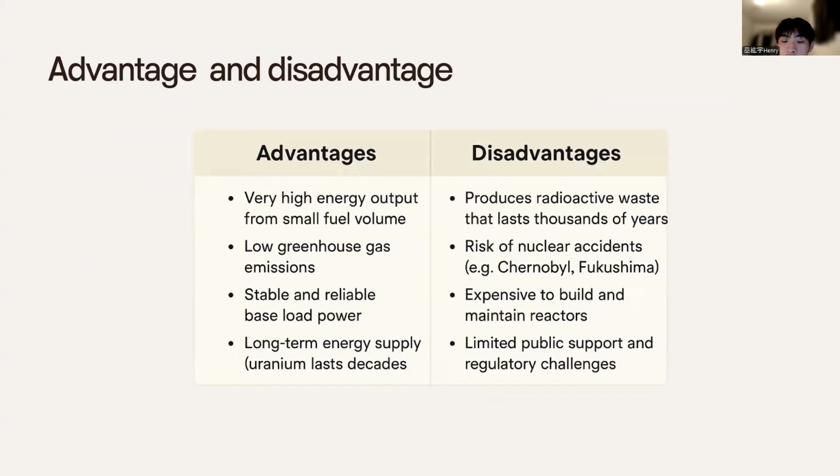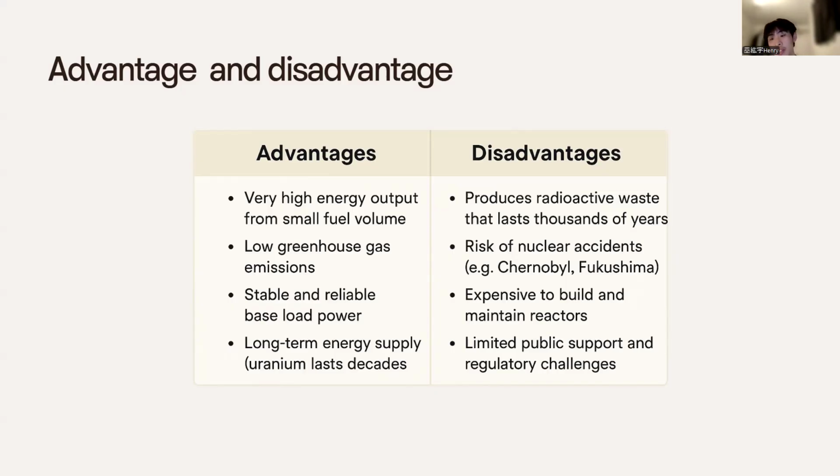And here I will compare the pros and cons. The advantages of nuclear energy are that it produces a huge amount of electricity, there are no carbon emissions during operation, and it is reliable, with a pretty consistent supply.